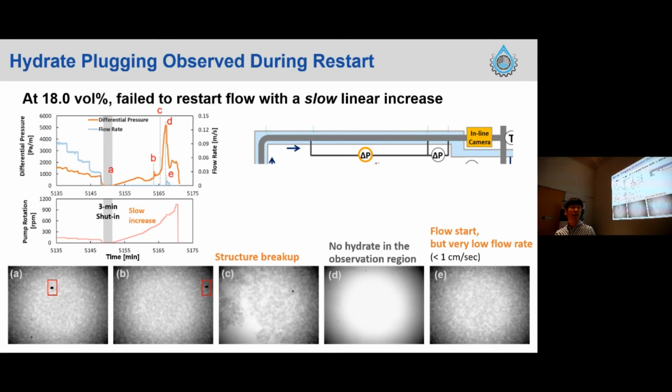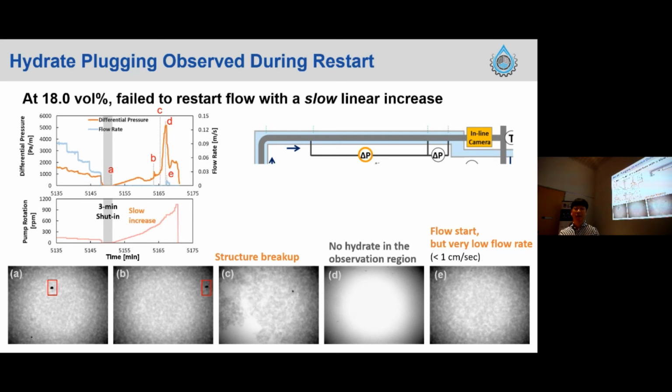But at point C, the structure was broken, and immediately after that, delta P steeply increased. Around the peak at point D, the hydrate particles disappeared from the observation region temporarily, and then delta P sharply dropped.